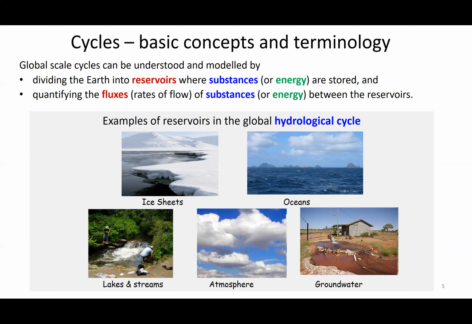And then you can quantify the fluxes, the rates of flow of those substances or energy between the reservoirs. In the case of the hydrological cycle, we can identify some large reservoirs of water in the Earth system. These include things like ice sheets, the oceans, lakes and streams, the atmosphere, and groundwater.